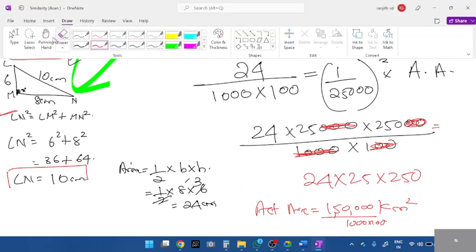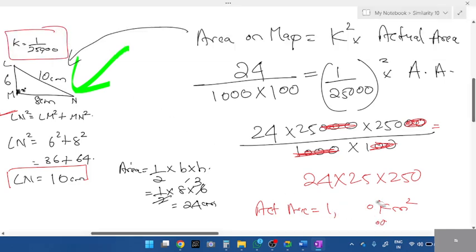Yeah, correct. Naomi, is it 1.5 kilometer square?